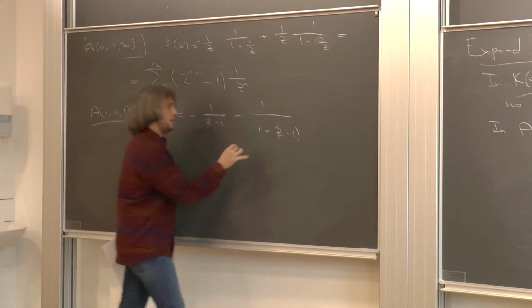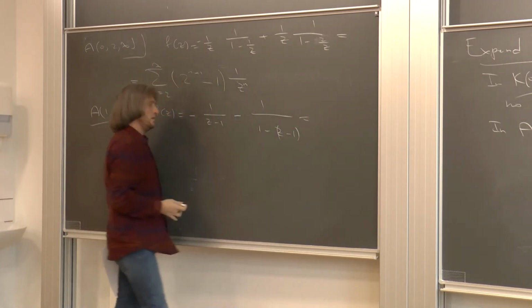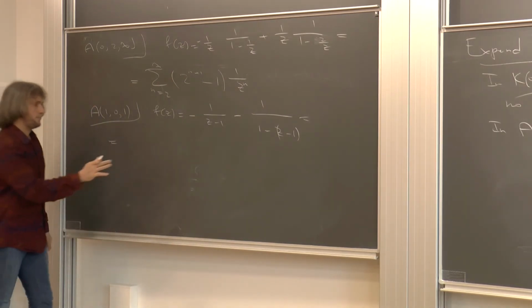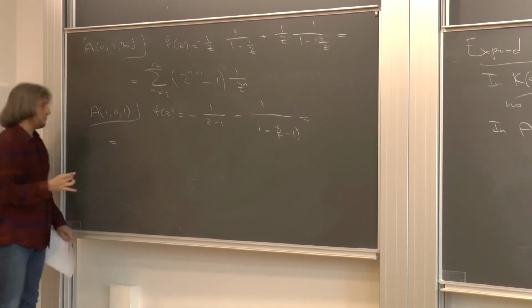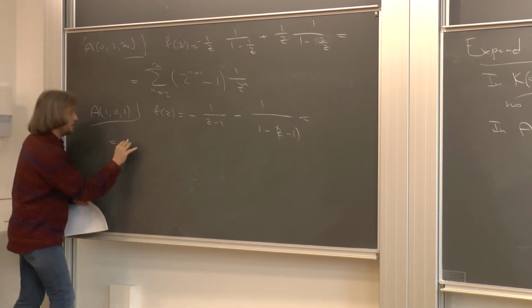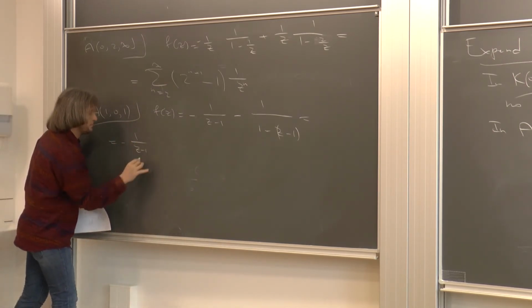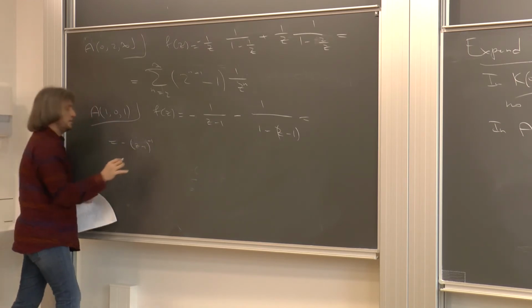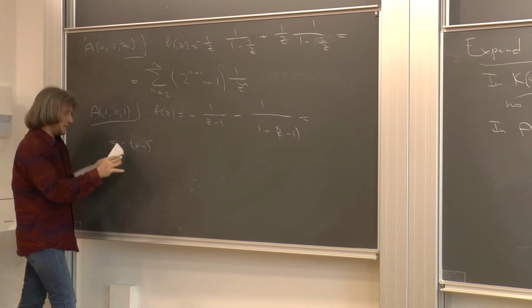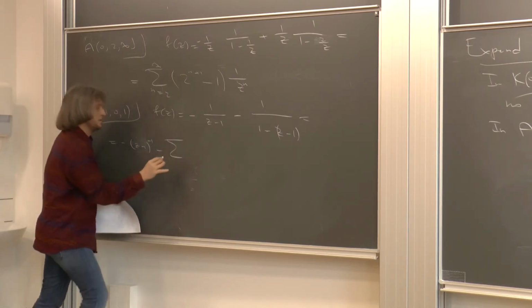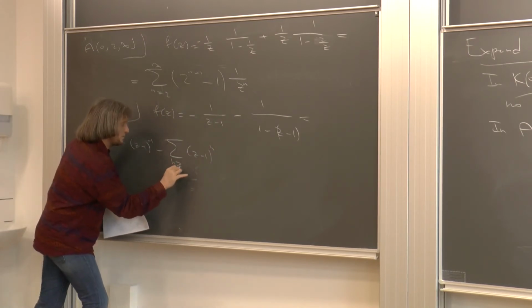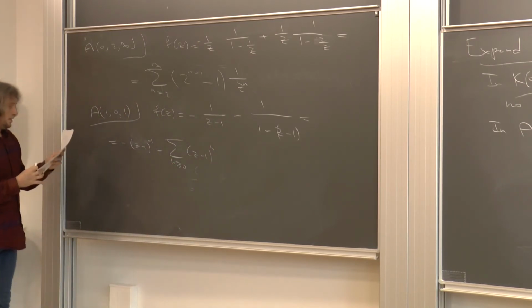So this of course gives rise to a good Taylor series, and this is the polar part. So we'll get 1 over z minus 1, minus the sum of (z minus 1) to the n, n greater or equal to 0.